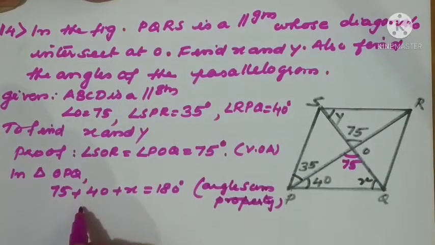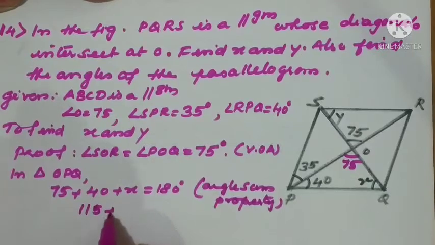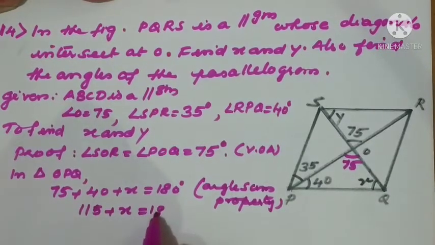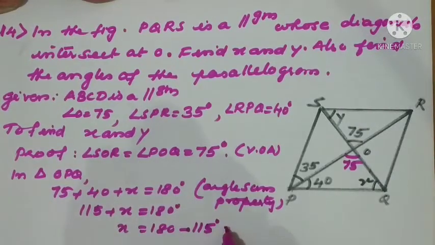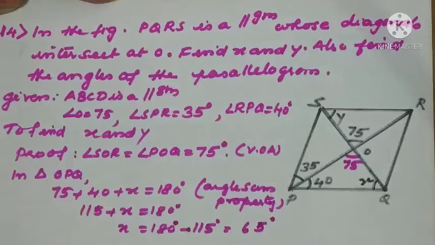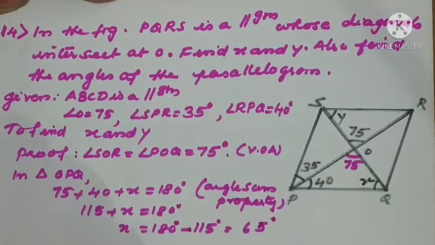That means 115 plus X is equal to 180 degree. X equals 180 minus 115, equal to 65 degree. Next we should find Y. So X equals Y equals 65. What is the reason?